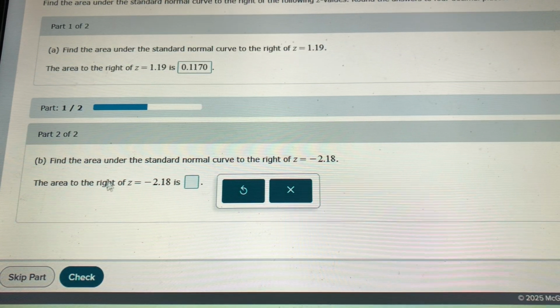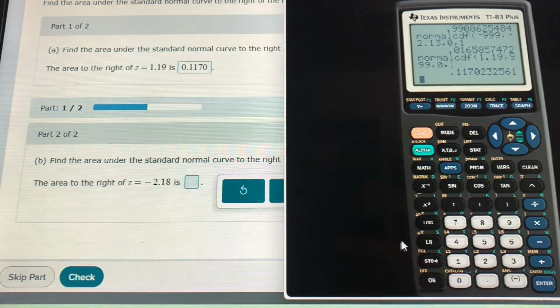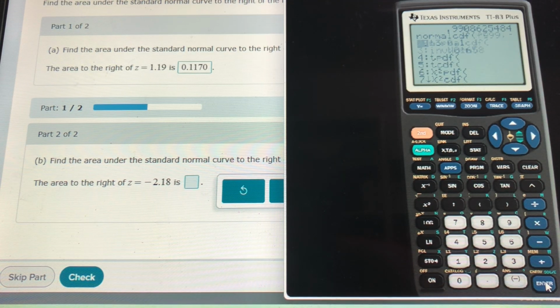Okay, see, to the right again of a negative number. This actually is done differently if you're using the tables, the old-fashioned way of doing it, but if you're using technology, these two parts are not really different to me. I'm doing normal CDF in both of them. I'm putting the given number first.